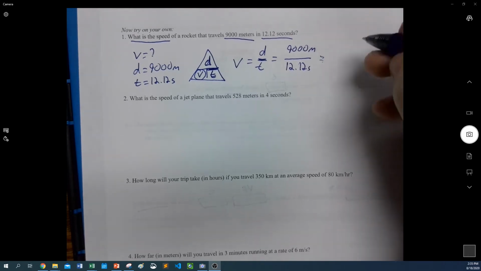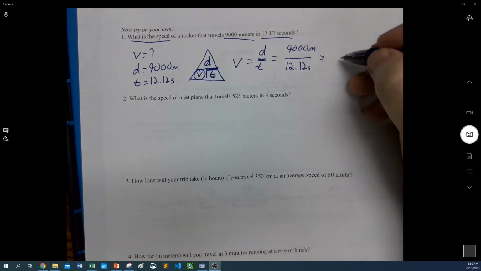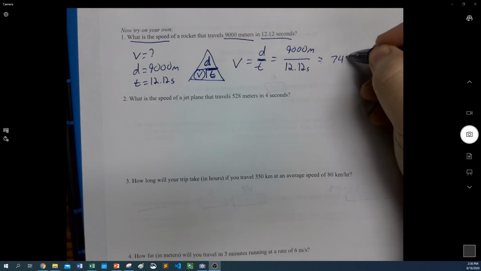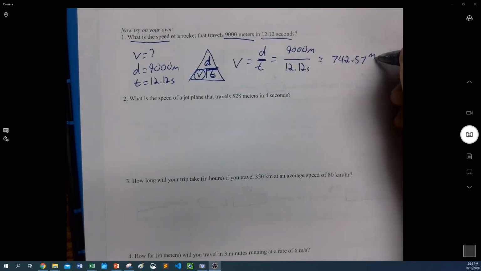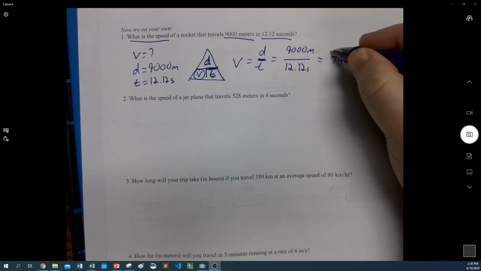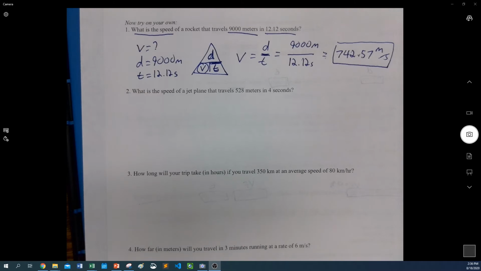Plugging that in the calculator. 742.57 meters per second. Put 4 or 5 numbers or digits whenever doing a problem. I tend to always put 5 or put at least 4.